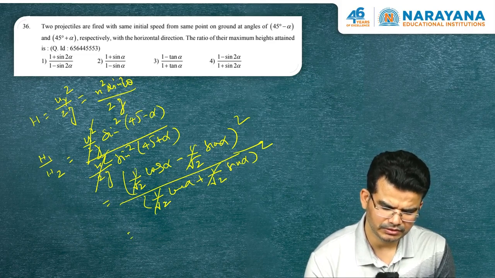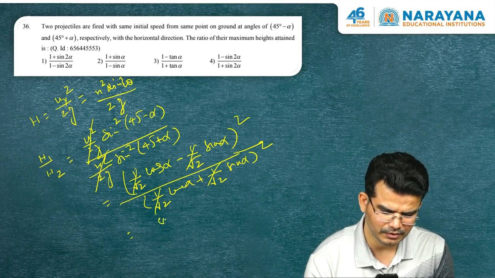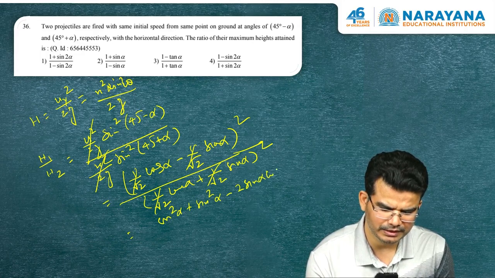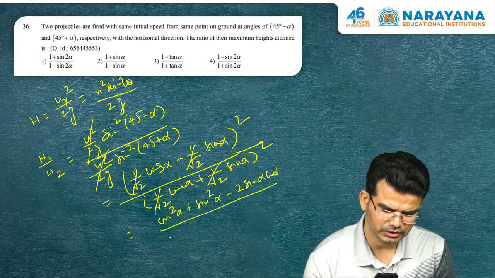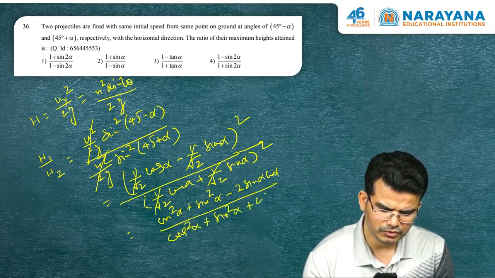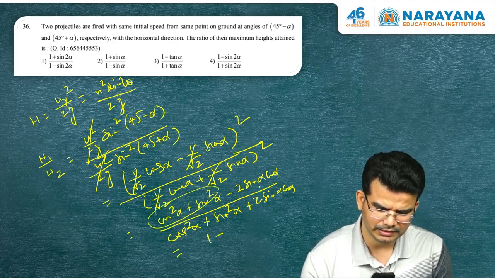Now, how much is this? If you open this square, numerator is cos square alpha plus sin square alpha minus 2 sin alpha cos alpha, upon denominator cos square alpha plus sin square alpha plus 2 sin alpha cos alpha. What is this? This is 1. So, 1 minus, now 2 sin alpha cos alpha is what?